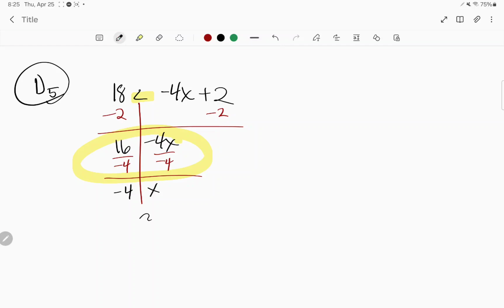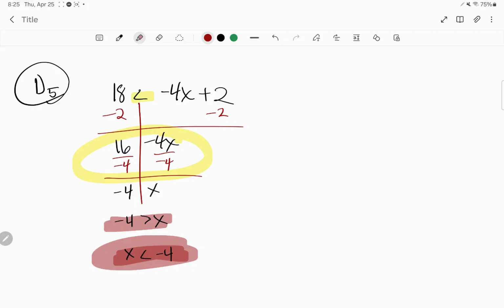So my final answer is going to be, instead of x is greater than, x is less than negative 4. If you want to write this with the x on the left side, you can do that. On multiple choice, you're going to see it like this versus the x on the right side.